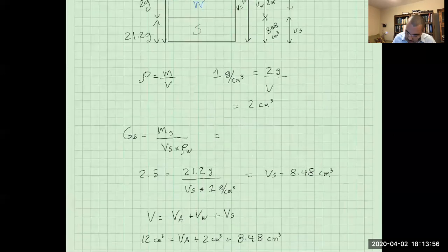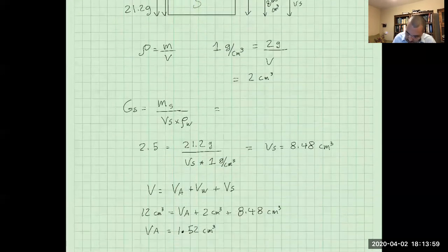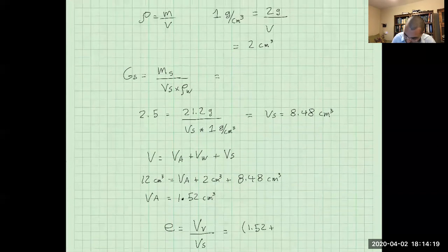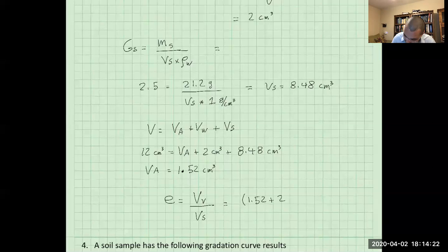And now the question is asking for the void ratio again. So void ratio is equal to the volume of voids divided by the volume of solids. And the volume of voids is what? It's the volume of air plus the volume of water, which is 2, I believe. And that is divided by the volume of solids, which is 8.48.